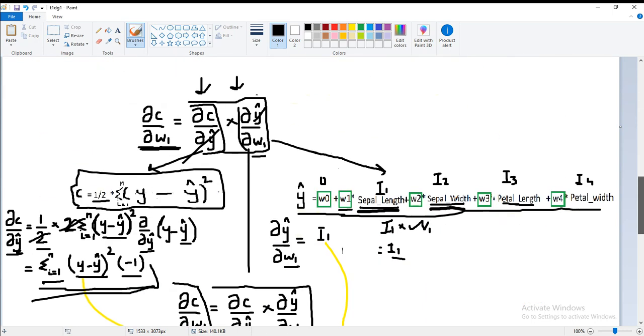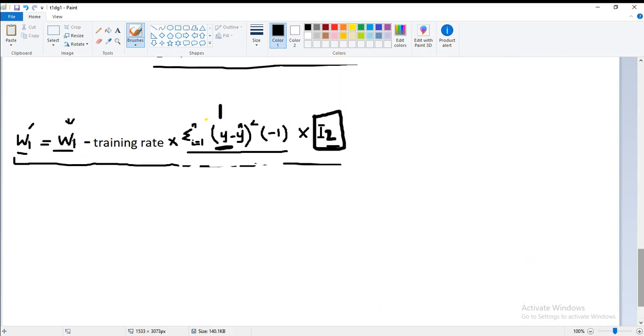The initial weights are set randomly. You can take any values, any 5 values here. W0 is equal to 1, W2 is equal to 0, W3 is equal to 1, W4 is equal to 0, and so on. If you have 5 weights, 6 weights, 7 weights, you can take random values, or you can set those equal to 0 and 1, 1 or 2, and then you will be training those values, you will be updating those weight values using this weight update formula. So I guess we are done with the gradient descent algorithm.